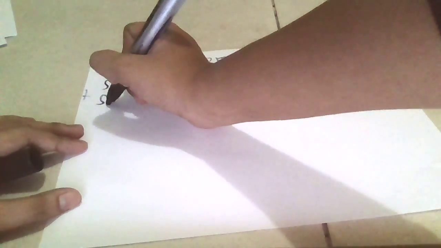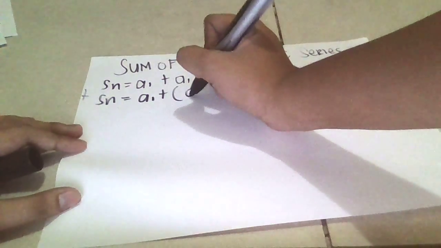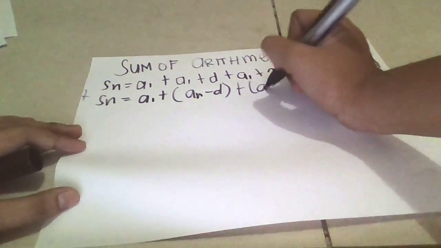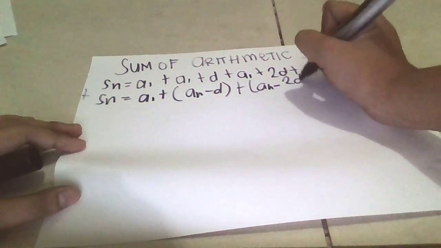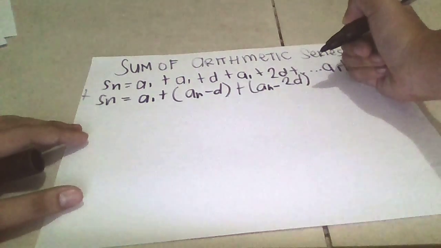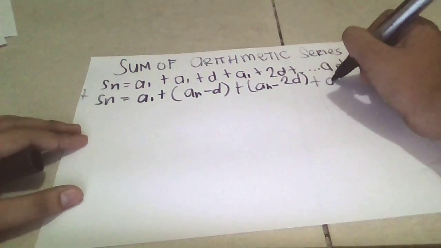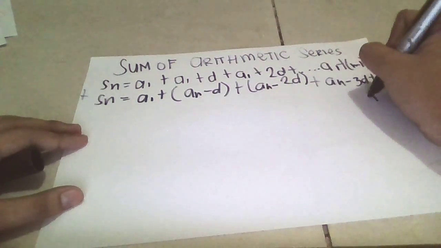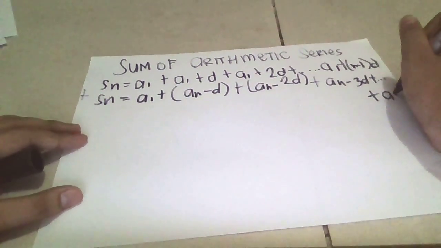Plus S sub n is equal to a sub n plus a sub n minus d plus a sub n minus 2d plus a sub n minus 3d and so on, plus a sub 1.